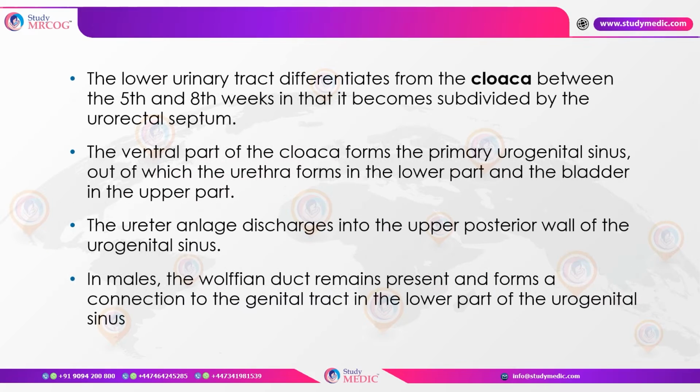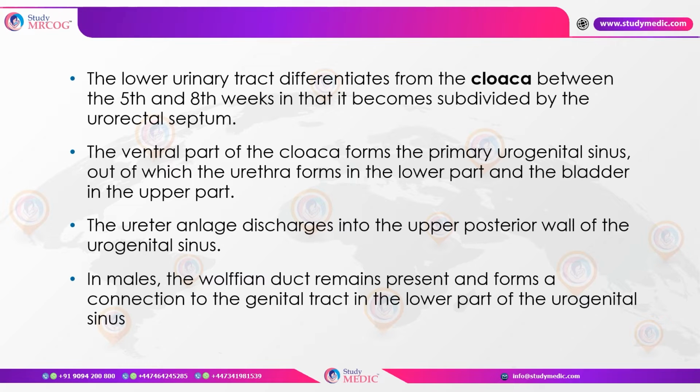So coming to the lower urinary tract, the lower urinary tract is going to differentiate from the cloaca, and this is seen somewhere between the 5th to 8th weeks, and we have the cloaca which gets subdivided by the urorectal septum. The ventral part of this is going to form the primary urogenital sinus.